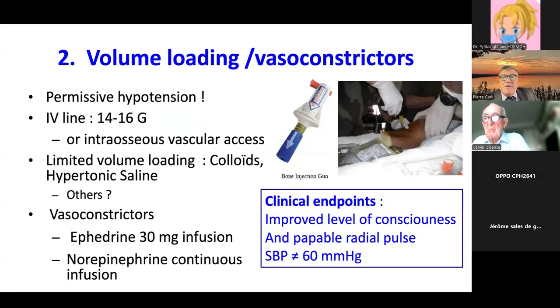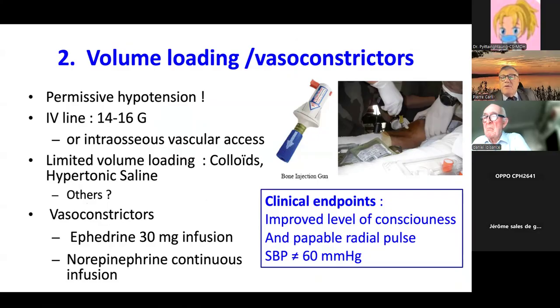And the second point is now, if we are able to stop or limit the blood losses, you also have the aim of increasing the blood pressure to limit the ischemia and the acidosis that is, in fact, as I told before, part of the lethal triad.